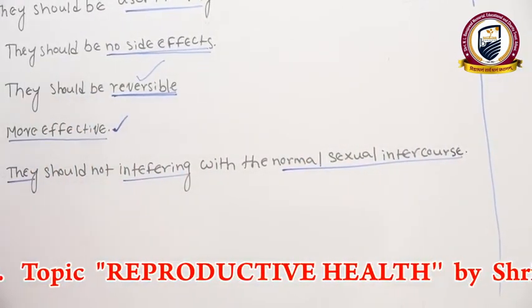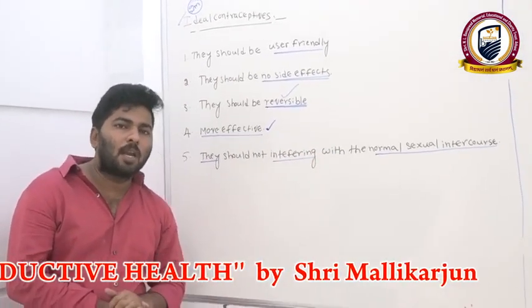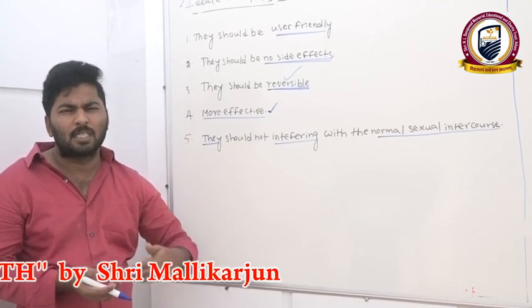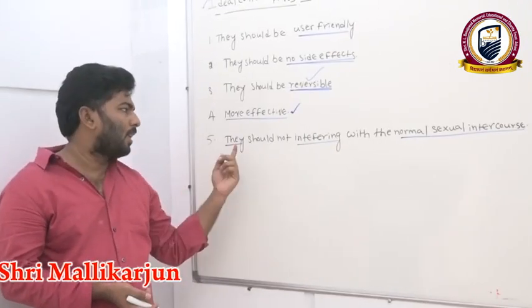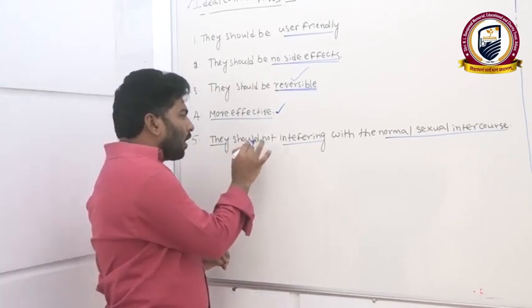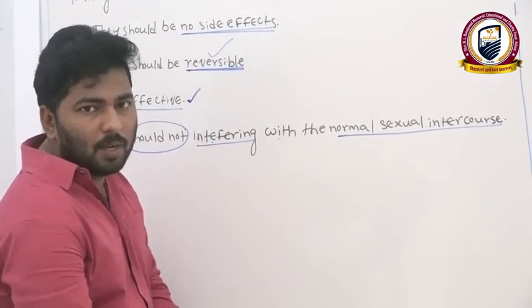If a method interferes, it causes irritation or some obstacle, and obviously it is not an ideal contraceptive.